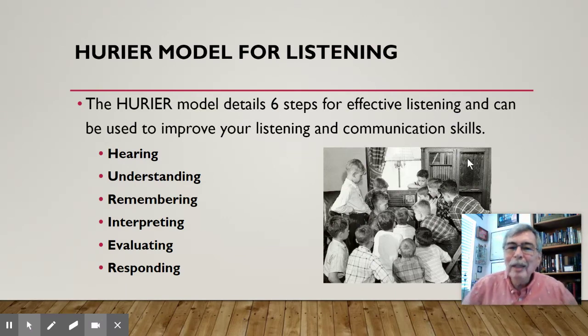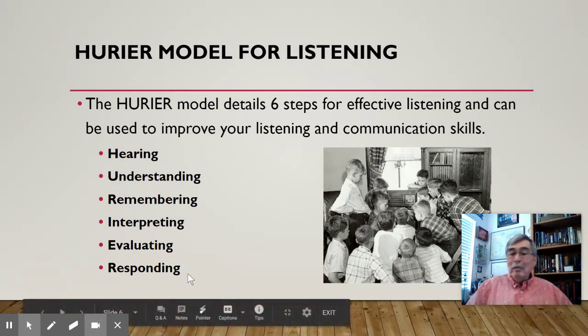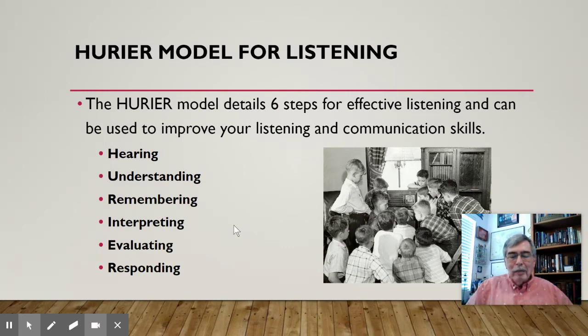No, not well anyway. Maybe not. All right, so the 6 steps are hearing, understanding, remembering, interpreting, evaluating, and responding. We unconsciously go through this process every time we become comprehensive listeners.